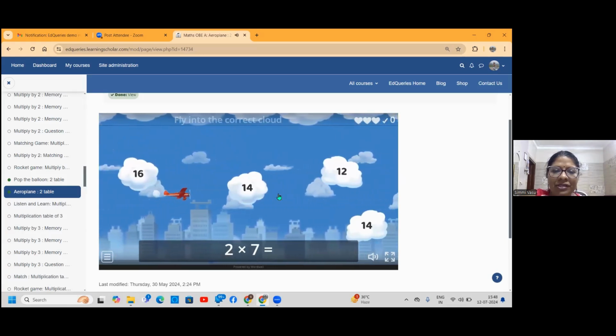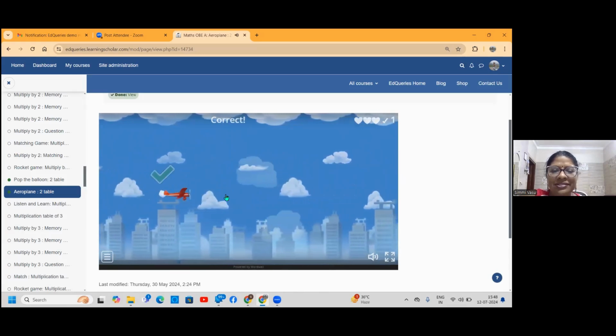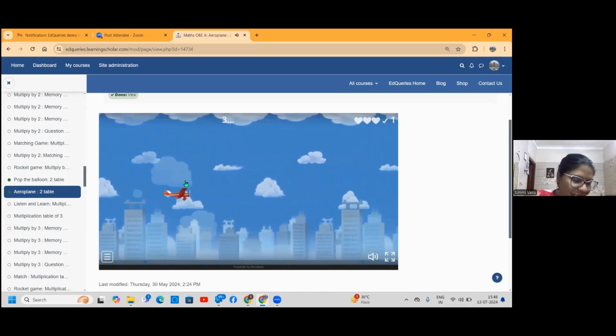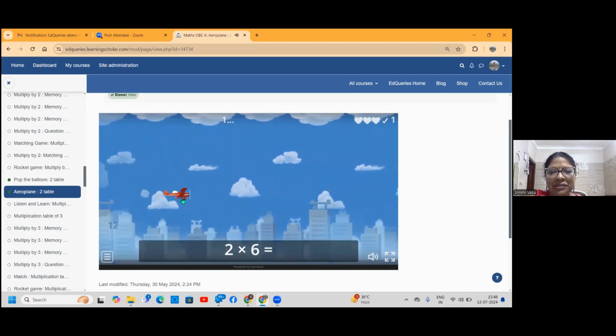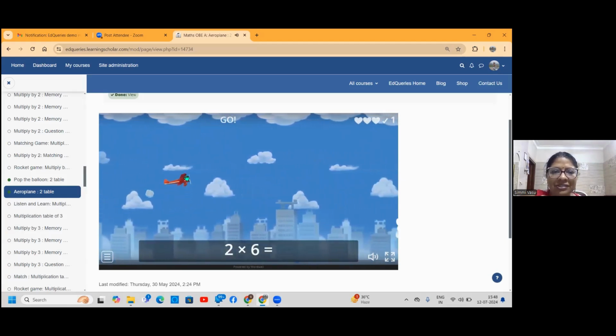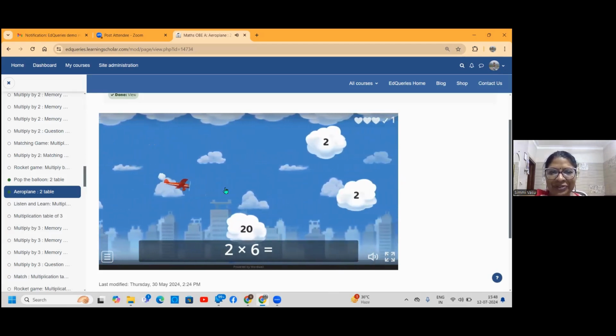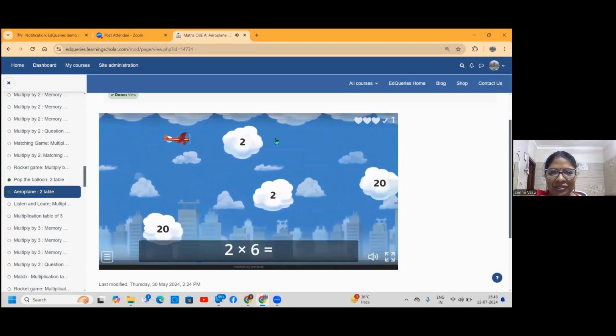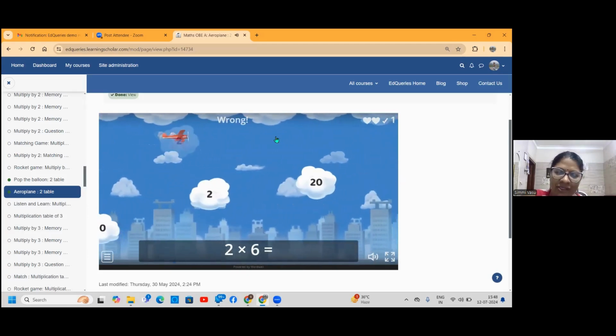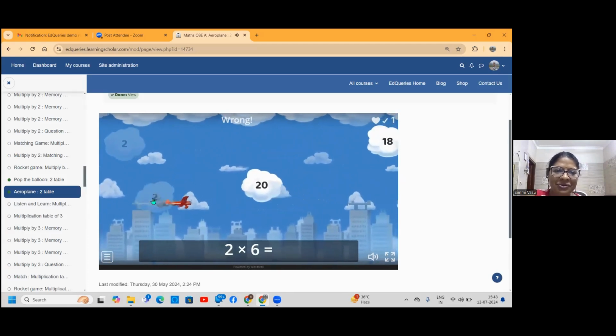Be careful that now see. So you can maneuver the aeroplane up and down. You can make it go up. You can make it go down. So children love to do all this, and make sure that they see, if it goes to the wrong answer, what will happen?